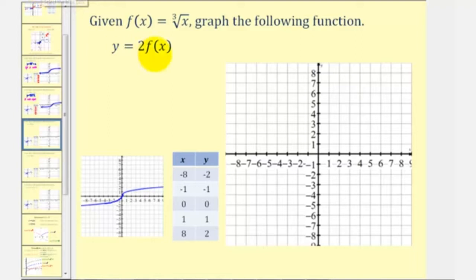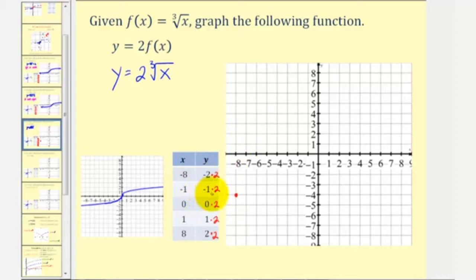Now we have y equals 2 times f of x, which would be y equals 2 times the cube root of x. Notice how now we're multiplying the function values of the basic function by 2, which would be the same as multiplying the y coordinates by 2. So if we take the coordinates of the basic function and multiply the y coordinates by 2, we can find 5 points on our new function. Let's go ahead and plot these points. This first point would be negative 8 comma negative 4.